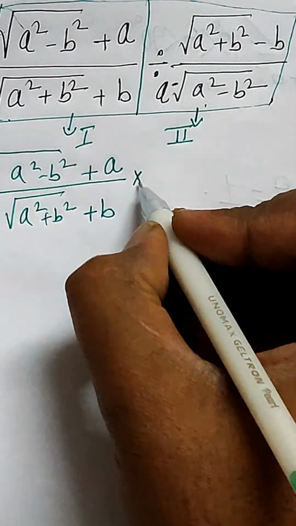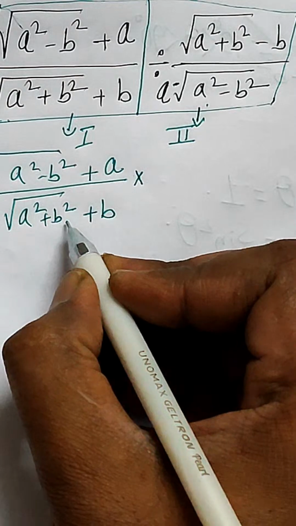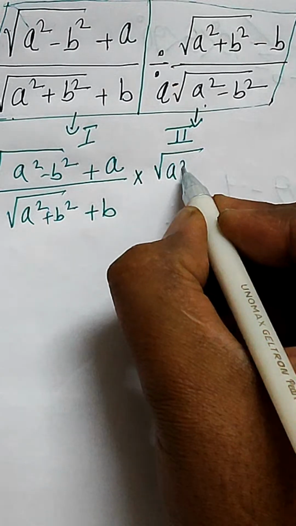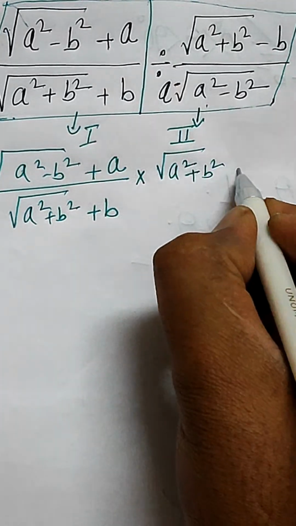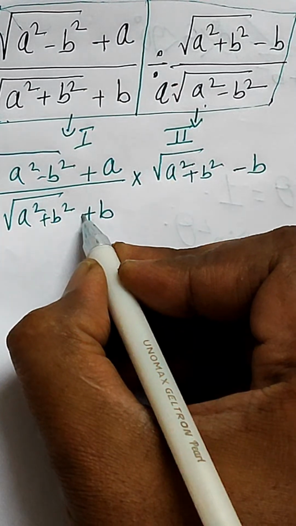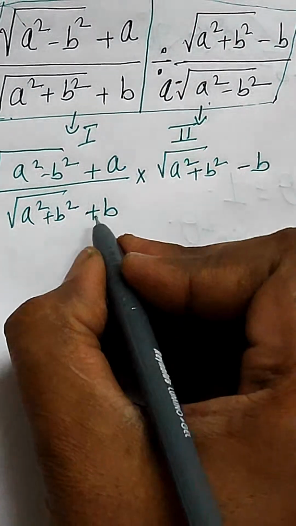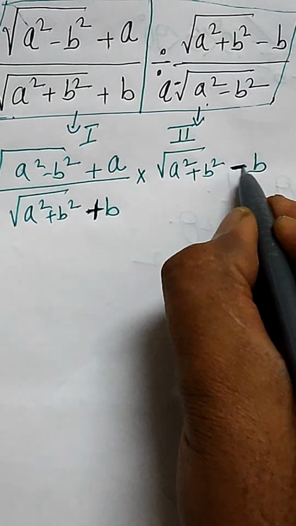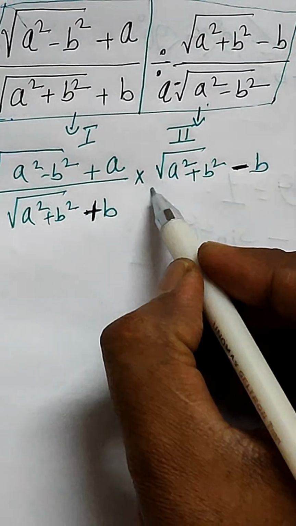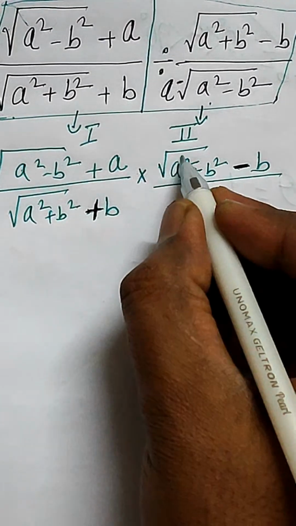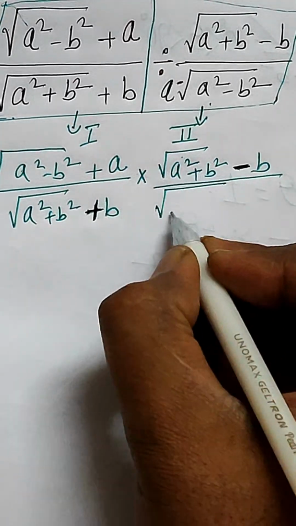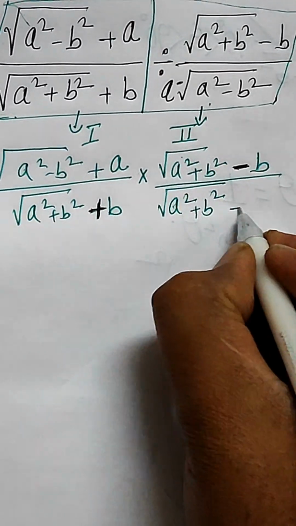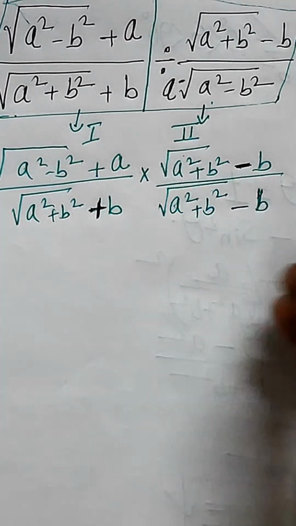Since √(a²+b²) + b is here, just multiply it with √(a²+b²) − b, because you can see this plus sign. So on rationalizing, this is multiplied and divided by the conjugate of the same. This is the functionality of rationalization.